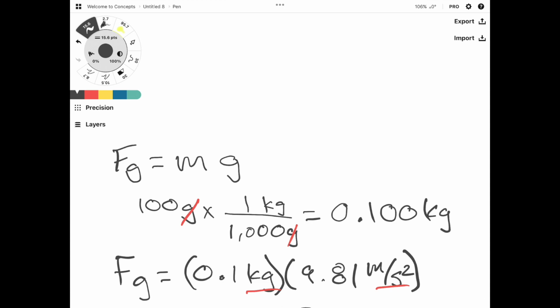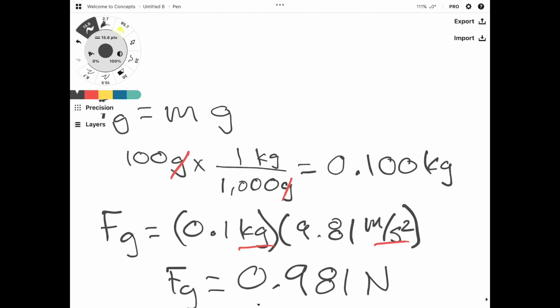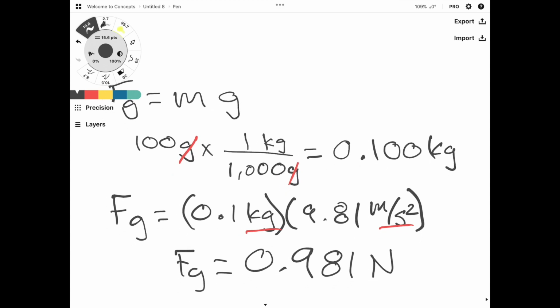And so when I plug in my value for mass, I'm going to use the value in kilograms. So I'm not really minding the significant figures here. And 0.1 times 9.81 meters per second squared.